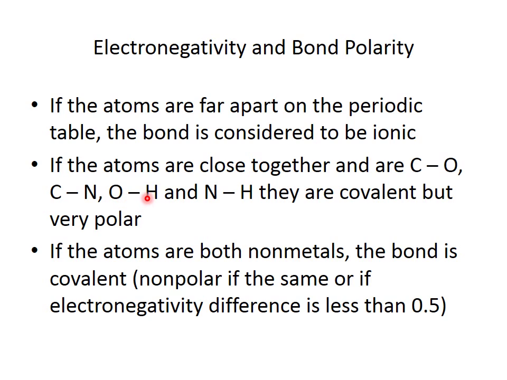Between oxygen and hydrogen, it's even more polar: 3.5 on oxygen, 2.1 on hydrogen, a difference of 1.4. Nitrogen and hydrogen are 3.0 and 2.1, a difference of 0.9. They're covalent but very polar. Keep in mind that these particular bonds are very polar. We'll use that again.